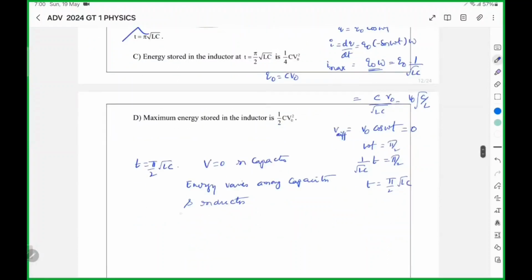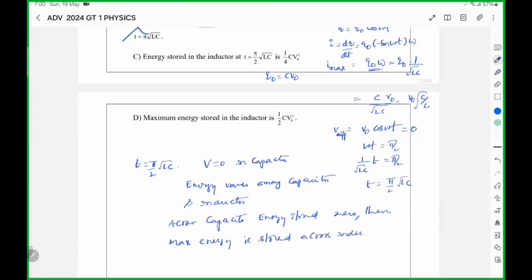So once across capacitor, energy stored is 0, then maximum energy is stored across inductor. That is nothing but half CV naught square. So this is wrong. So D option is correct.